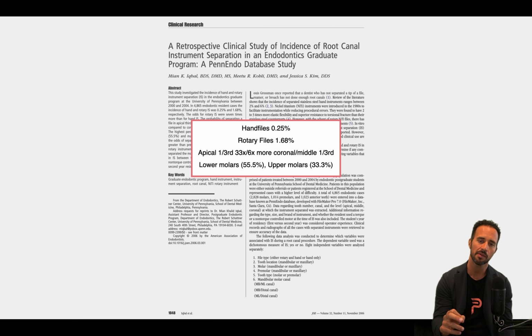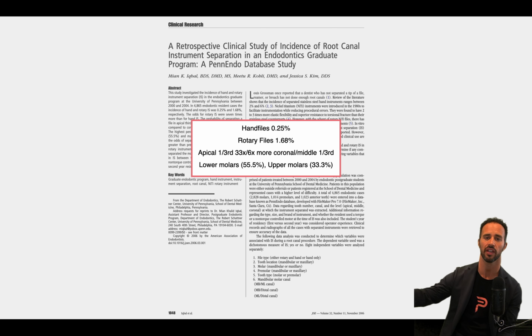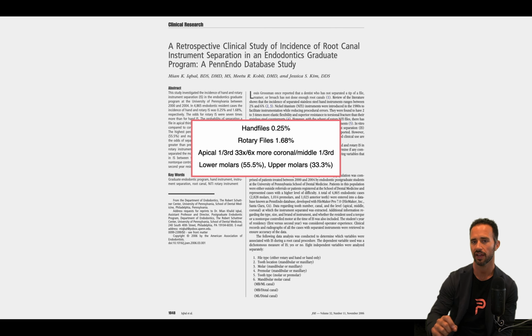And a study done by Iqbal in the Journal of Endodontics actually found that the incidence of file separation over a 4-year period on over 4,800 resident cases, hand files separated 0.25% of the time, rotary files separated 1.68% of the time, again, a very small number, and the apical third was by far the most common site of all file separations.